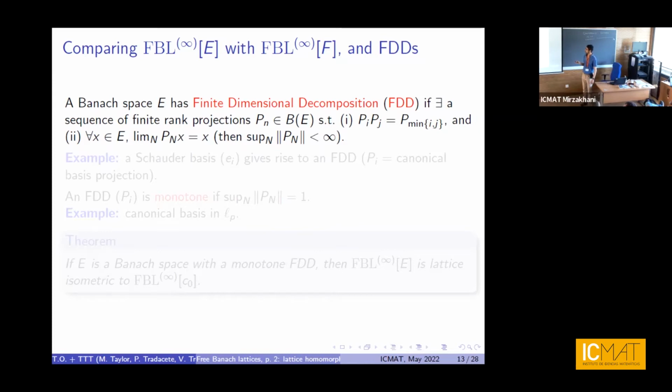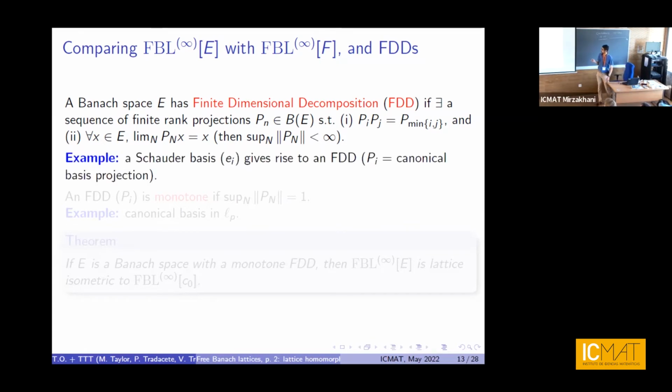And also we need to require that for any x in the Banach space, the limit of the images of those projections gives us x itself. And by the closed graph theorem, you can conclude that the norms of those projections are uniformly bounded. And yes, the projections are finite rank. That's why we call this finite dimensional decomposition.